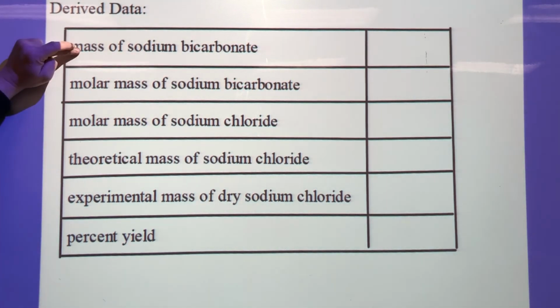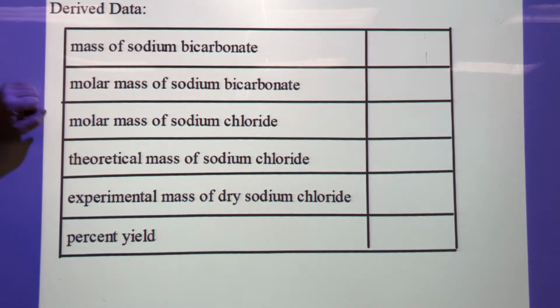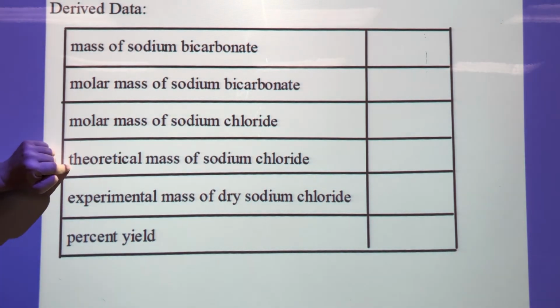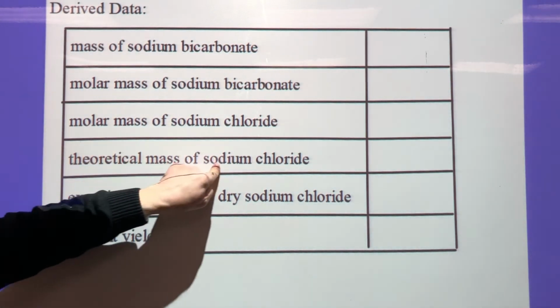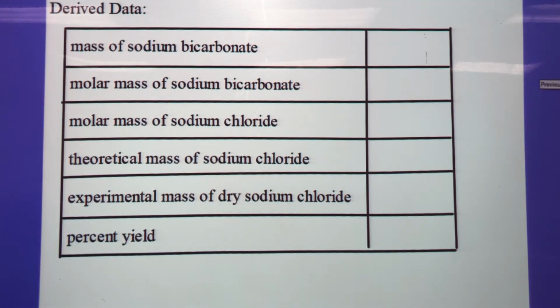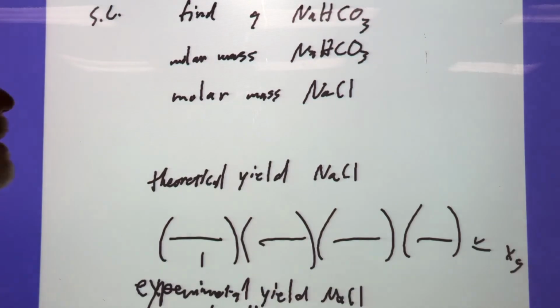Okay? And then this is what your derived data would look like. You got your mass of sodium bicarbonate after you subtract, molar mass of sodium bicarbonate. Okay, you got the molar mass of sodium chloride and the theoretical mass of sodium chloride. So you will use these two, the molar masses, here.